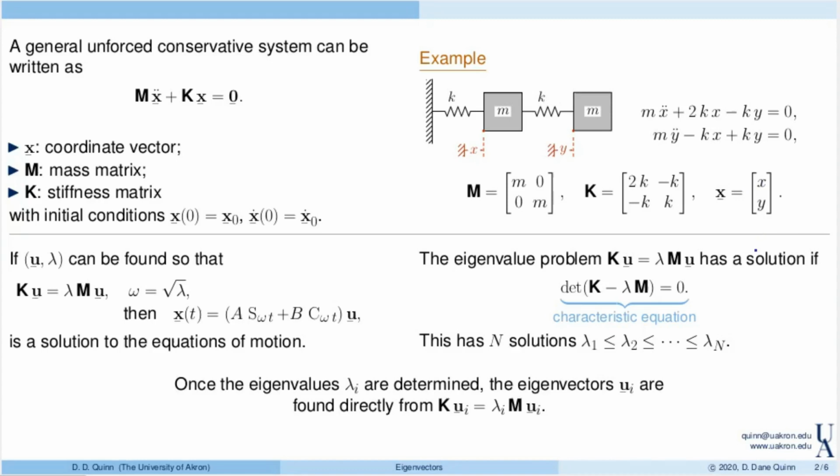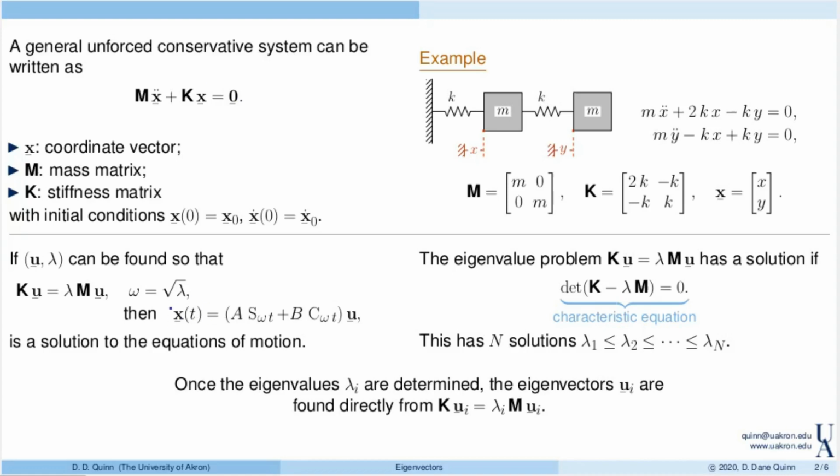So these are the systems that we're looking at, and what we did when we talked about the solution was we introduced an eigenvalue problem. So if u and lambda can be found such that K times u is lambda M times u, this is a generalized eigenvalue problem, then we can identify a frequency as the square root of lambda, and as a result we can solve this equation of motion.